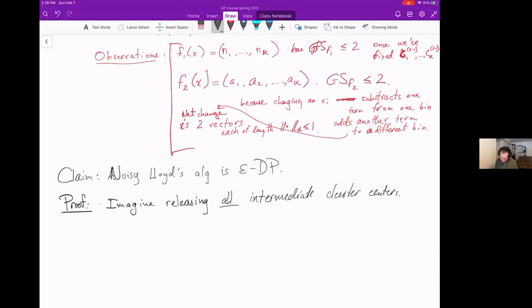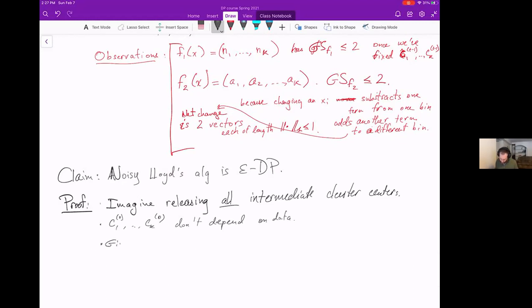Our initial cluster centers, the ones with the 0 index, C1 to CK 0, were initialized randomly. They don't depend on the data, so there's no privacy cost to releasing those.